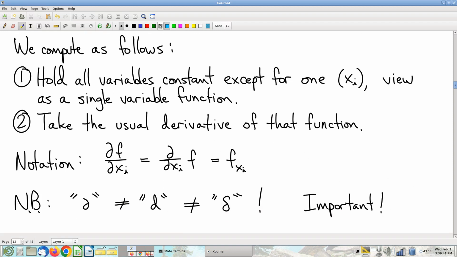Okay, here's how you compute them, though. Again, it's a convenient place to start. Gives us some easy wins. What we're going to do is we're going to take our multivariable function, right? We've got a bunch of input variables, and we're going to make a choice to hold all of the variables constant except for one of them. Let's arbitrarily say the ith input variable. So all the rest of the variables we hold constant, but this one variable we choose to leave as a variable.